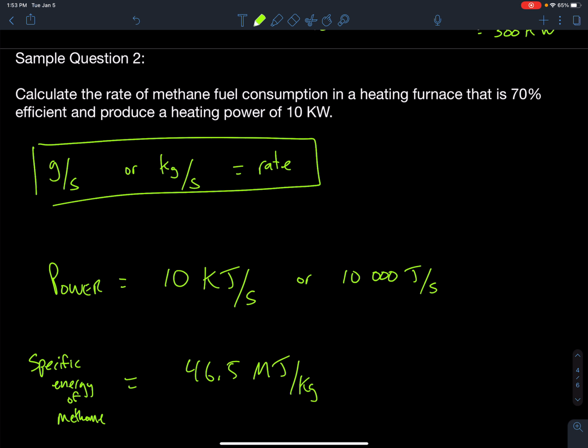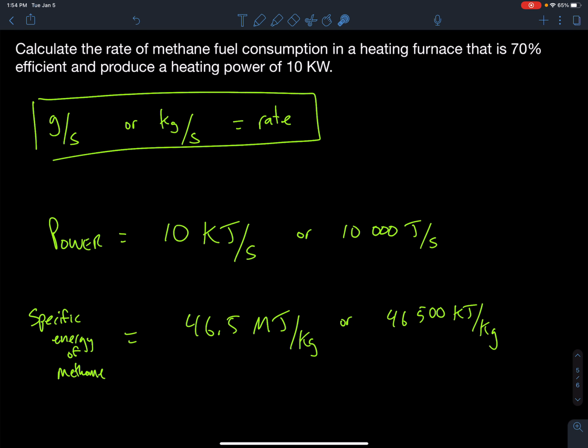Or if I want to convert it into kilojoules, 46,500 kilojoules per kilogram. So I have to find some common units here to figure things out. That's how much energy is in a kilogram of methane. And what we're trying to figure out is how many kilograms per second of methane is being used to produce 10 kilowatts, and that 10 kilowatts is produced after 70%.